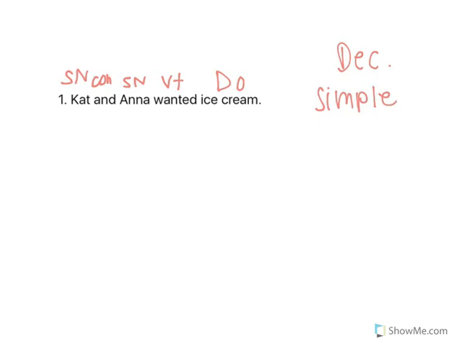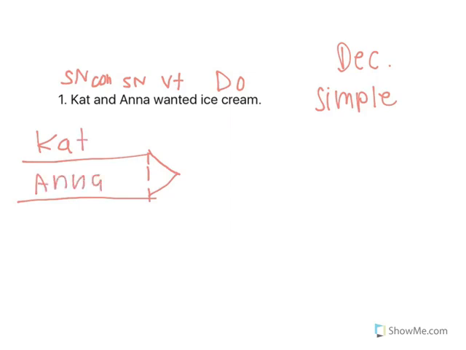So we're just going to diagram this as a simple sentence then. And you guys already know how to do this. It's just your rocket, Kat, Anna, and then our conjunction here, and.